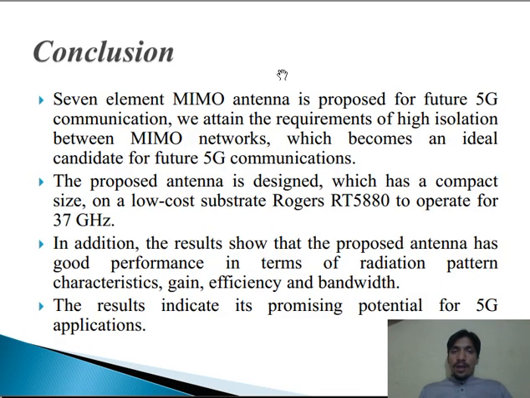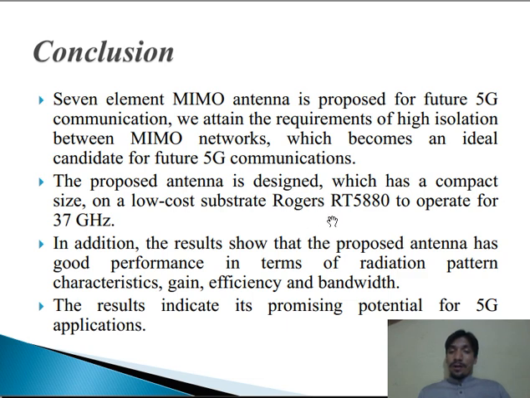Okay, these are the conclusions that we have proposed. Our 7 element MIMO antenna is proposed for future 5G communication. We attain the requirement of high isolation between MIMO elements, which makes it an ideal candidate for future 5G communication. The proposed antenna is compact in size and low in cost. Why low in cost?